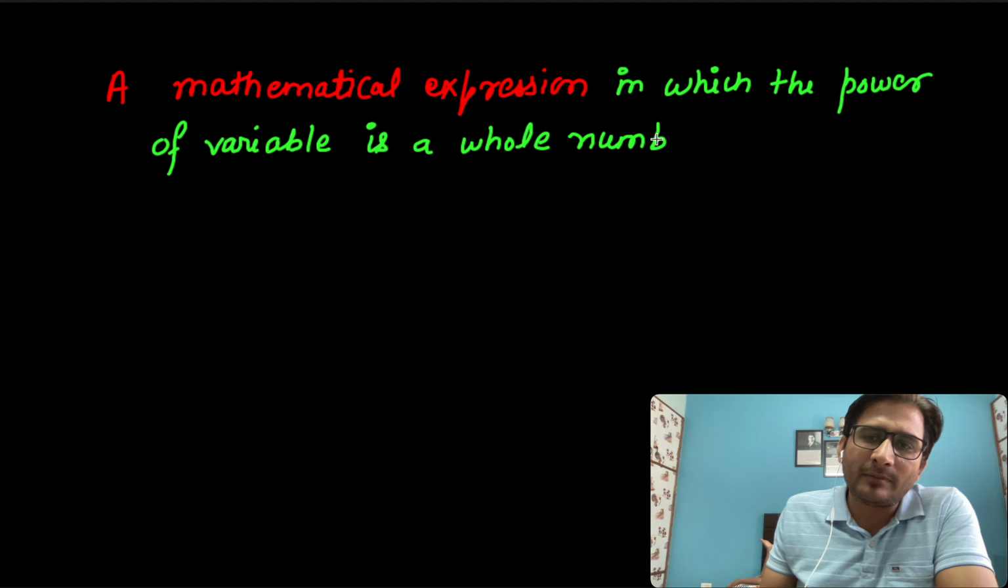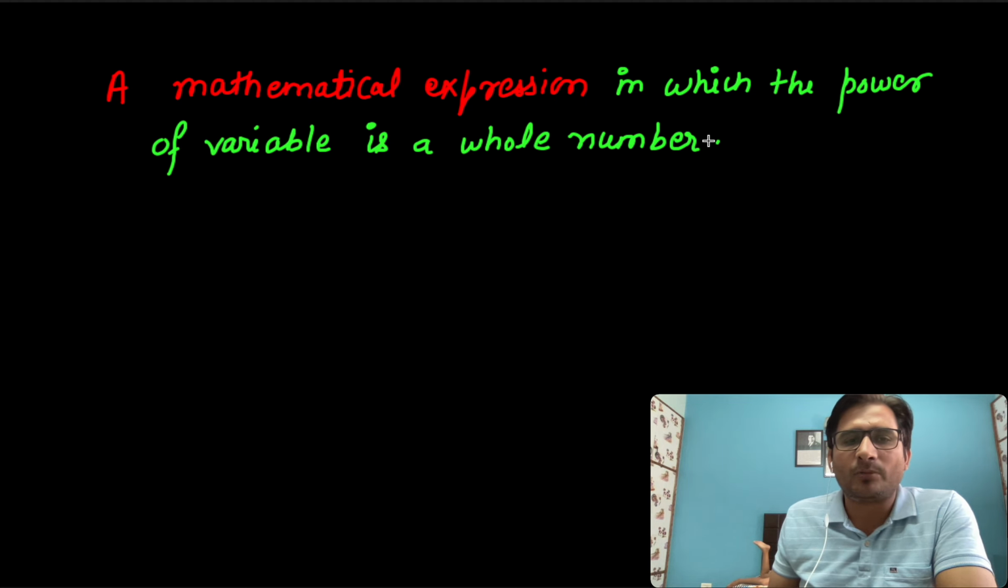The power of variable must be a whole number to be a polynomial. Then it is called a polynomial.